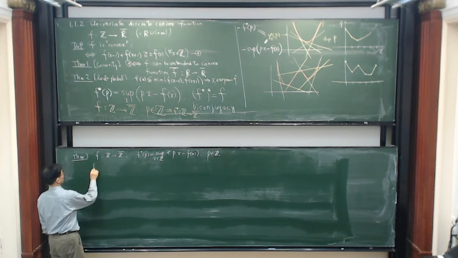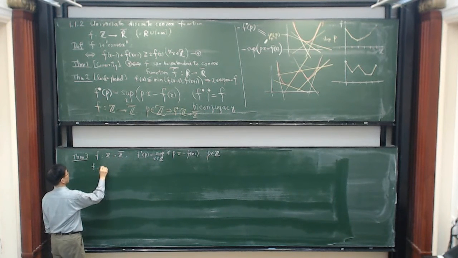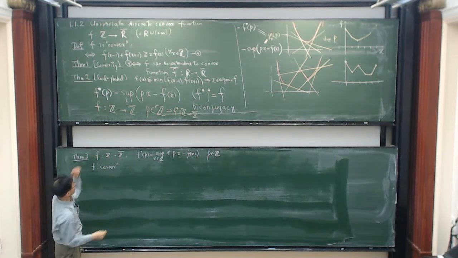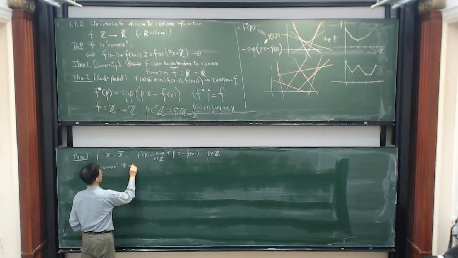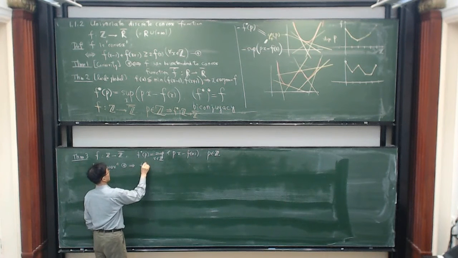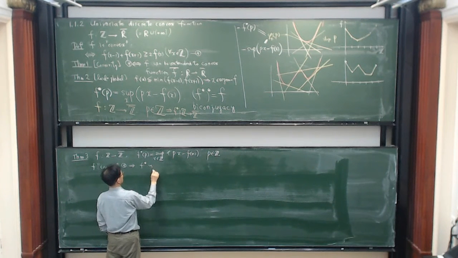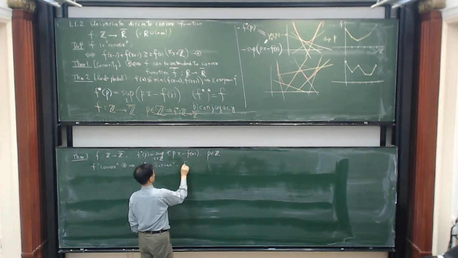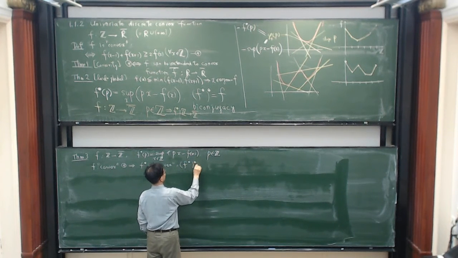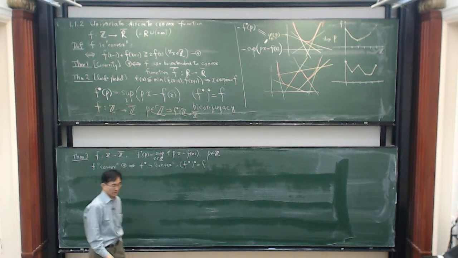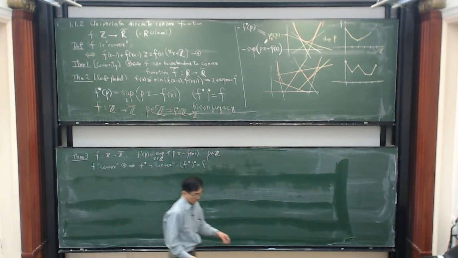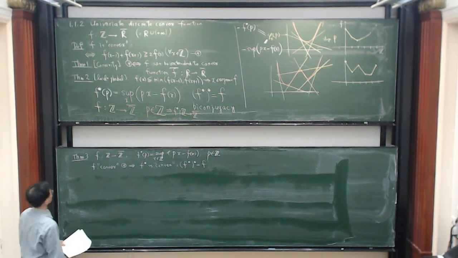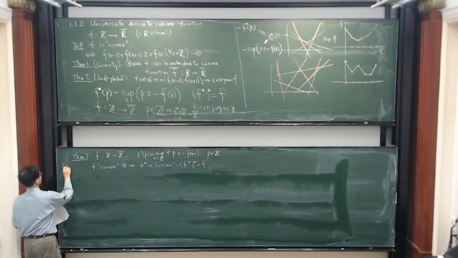Then if f is convex in the sense of there, this also is convex, and if you apply that twice, you restore the original function.